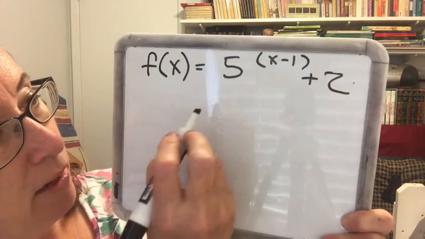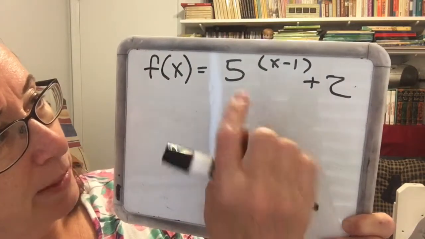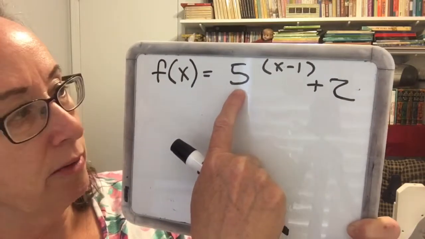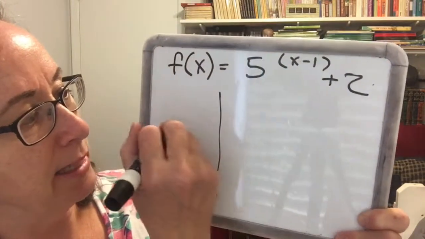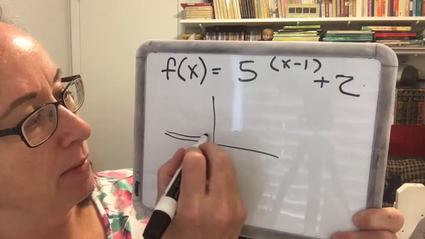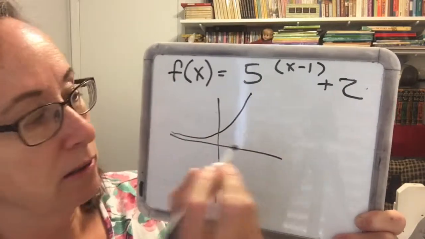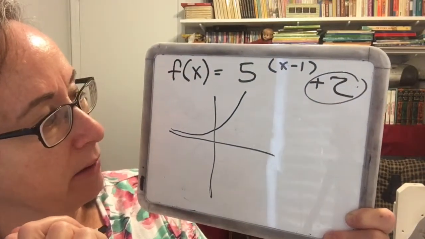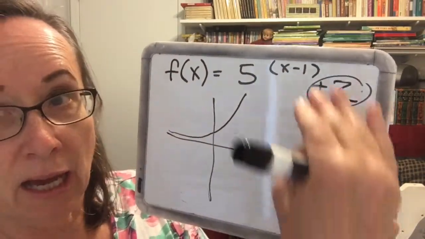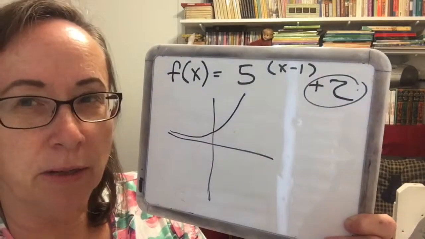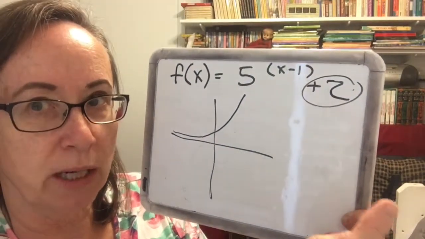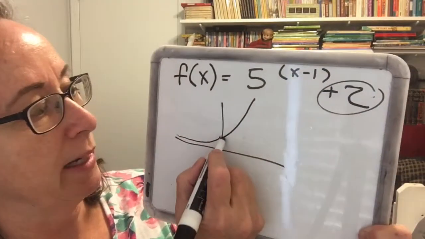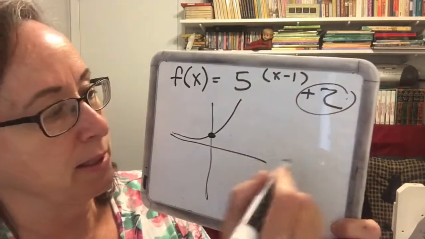Okay, so now, since it's a positive x, and since our base is greater than 1, we expect it to climb up this direction. However, we have a translation here, and it's going to move it up too. And so our anchor point, which would usually be 0, 1, should now be 0, 3. Okay, so this point right here where it anchors should now be 0, 3.